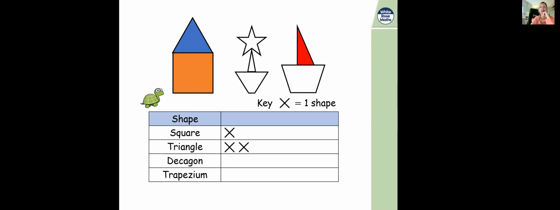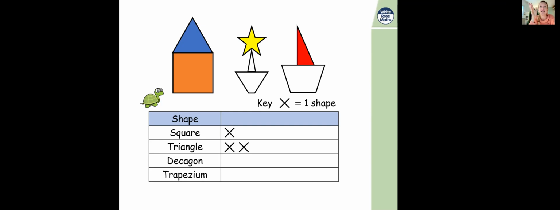What's going to be coloured in next? Oh, how many sides does the star have? Get out your counting finger. 1, 2, 3, 4, 5, 6, 7, 8, 9, 10.